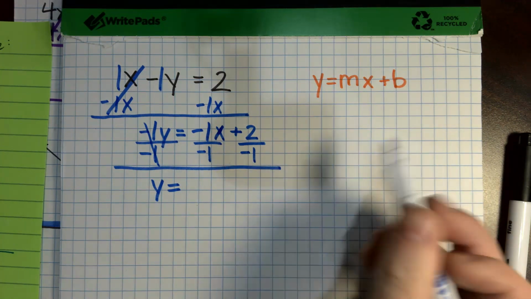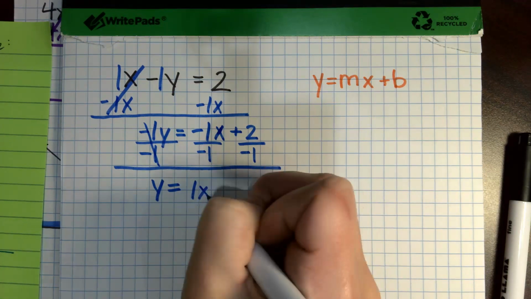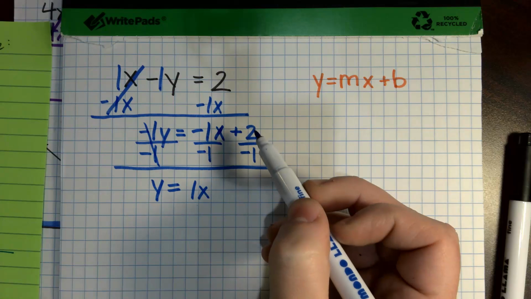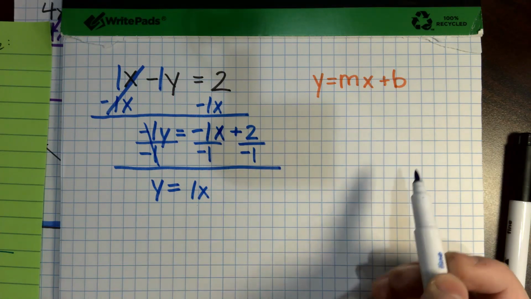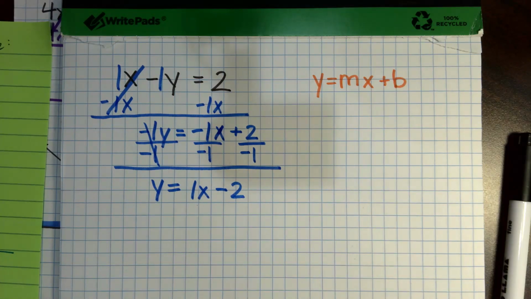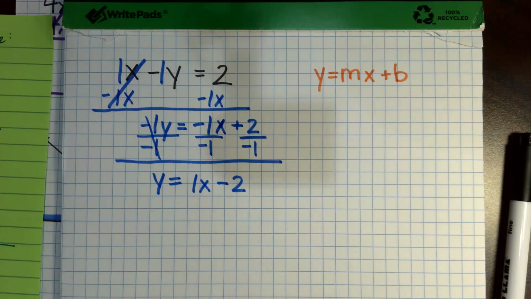It becomes positive. Those negatives cancel. So I can just write 1x. And then what about when I take 2 divided by negative 1? It becomes negative 2. So we write minus 2. Are we done? We now have y equals 1x minus 2.